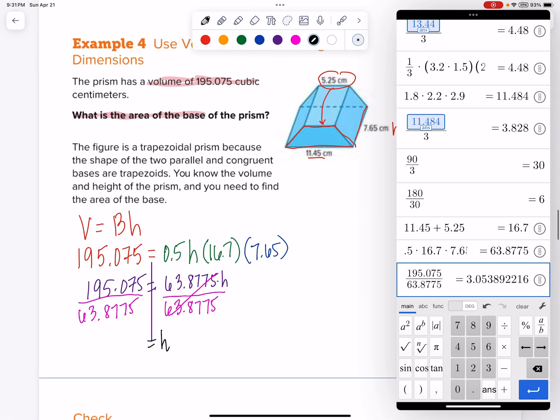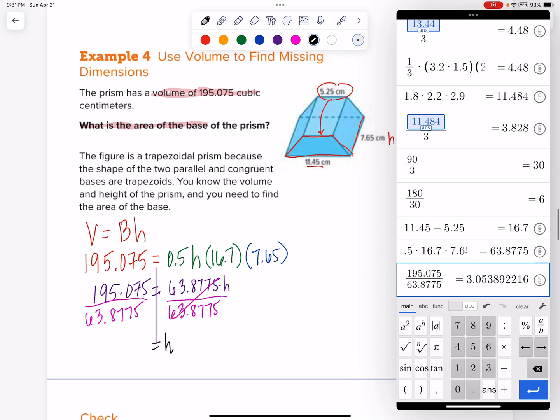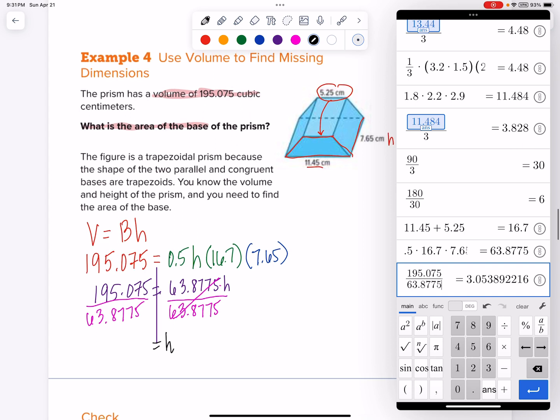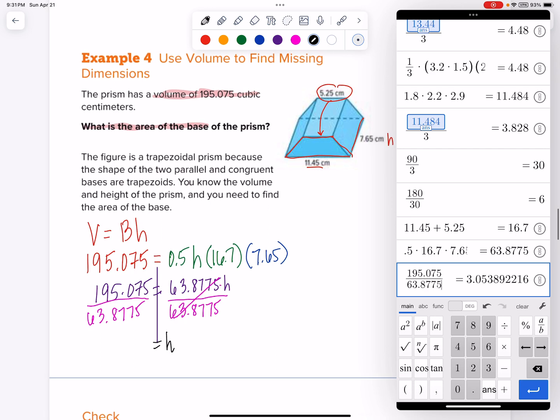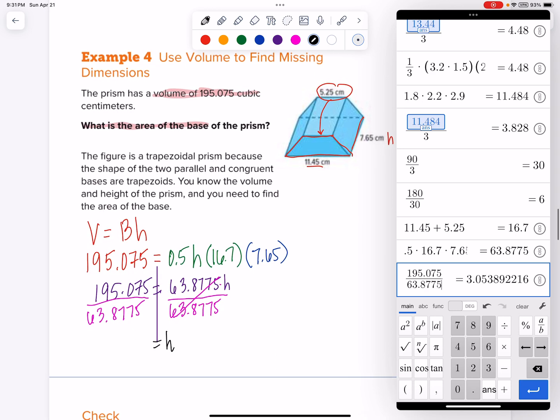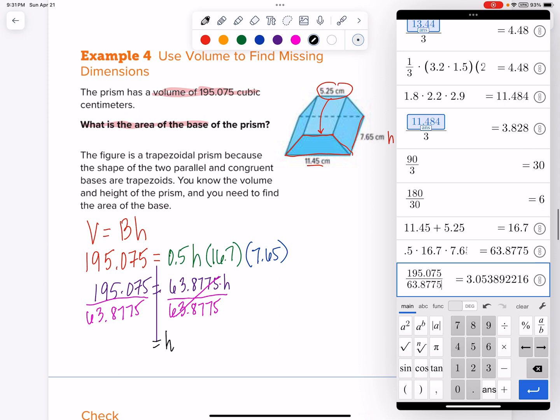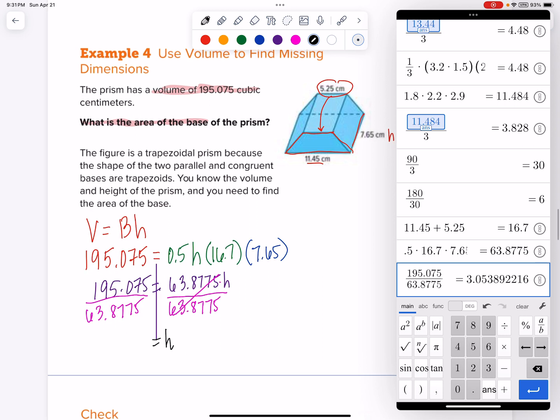Are they having us round it at all? Because of the shape of the two parallel congruent bases or trapezoids, you know the volume and the height of the prism. You need to find the area of the base. Okay, so the height is 3.053892216.